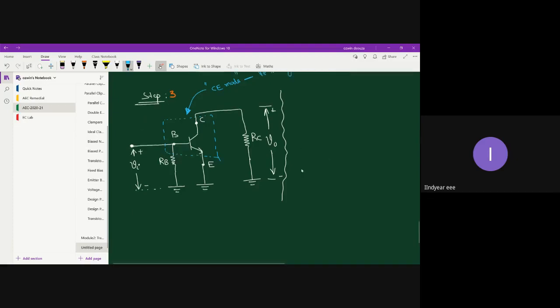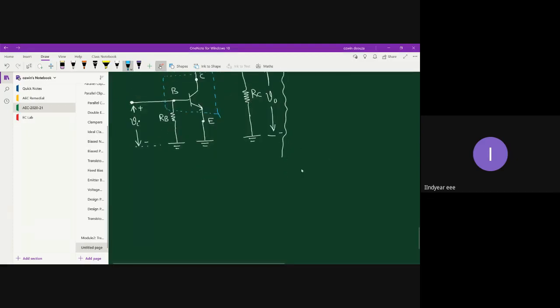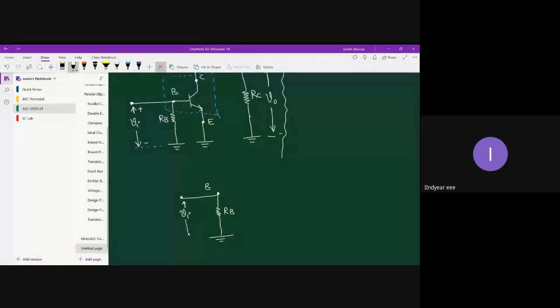I go down so that it has better clarity. I will write down the base terminal, and first let me connect the external circuit elements such as RB, and also the input voltage Vi. The other end is grounded, and this is also held at ground potential.